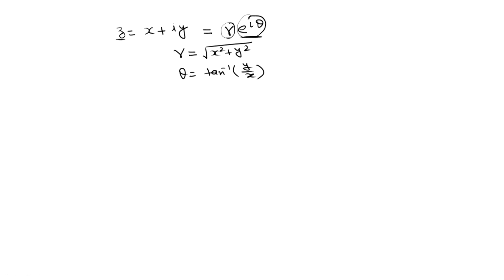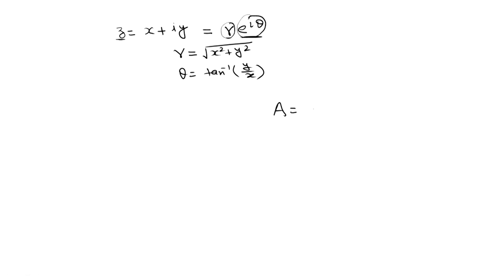So, can we have the same thing in the case of matrices? Can I write a matrix A as the product of two different matrices, let us say P and W, where W is some sort of rotation matrix and P has some sort of positive definiteness or positive semi-definiteness property? This is the idea of polar decomposition.